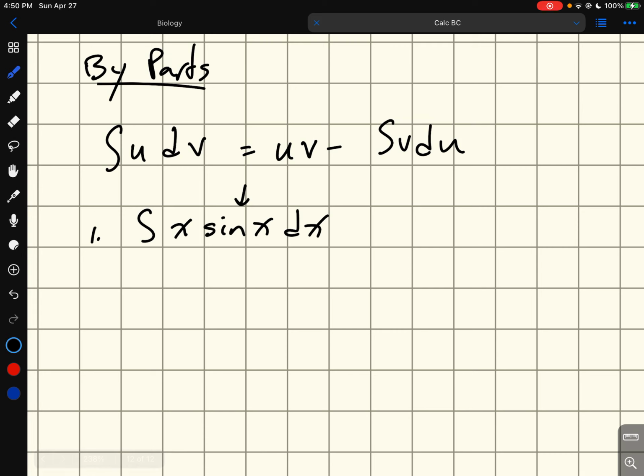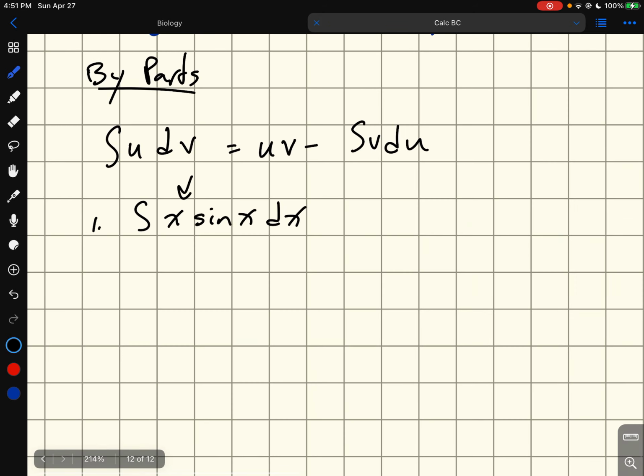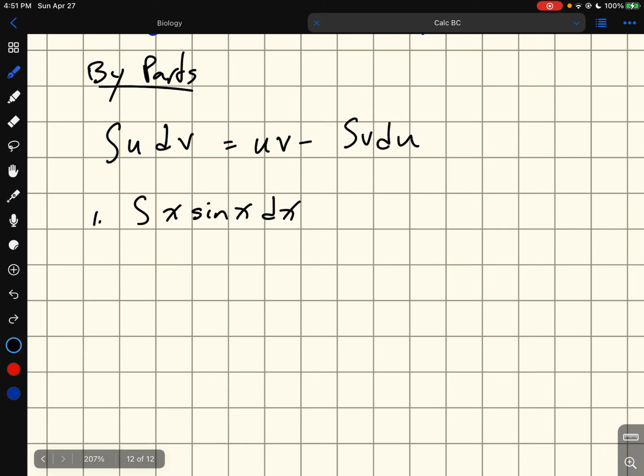Like sine of x, it's either sine x or cosine x, and sometimes there's a negative sine x, negative cosine x, but generally it doesn't go beyond the sine and cosine. But if you have x, you take the derivative, it becomes 1, and then you take the derivative again, and it becomes 0, and then it just stays 0. So we want our u to be x, and we want our dv to be the sine x dx.